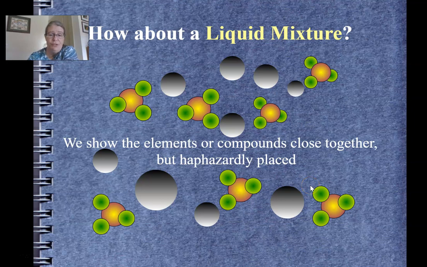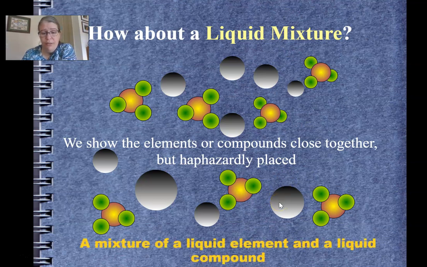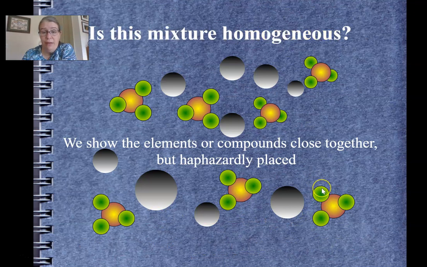So here's a liquid mixture. I can show that they're close together. They're sitting down towards the bottom, but they're not all nice and regimentedly placed on the bottom. And so what I want to think about when I look at a heterogeneous or homogeneous mixture of, say, something like a liquid element and a liquid compound is I want to look at this and say, are these mixed in together, or are they in layers or sections?